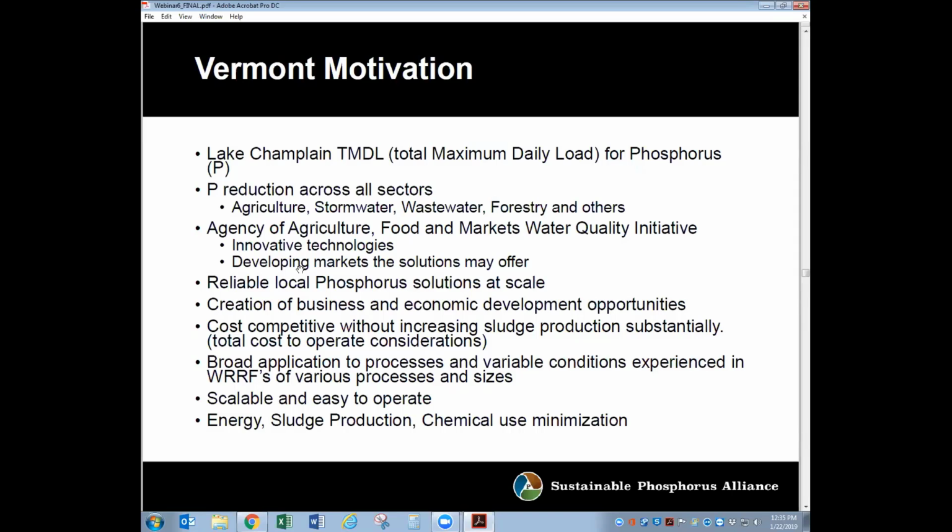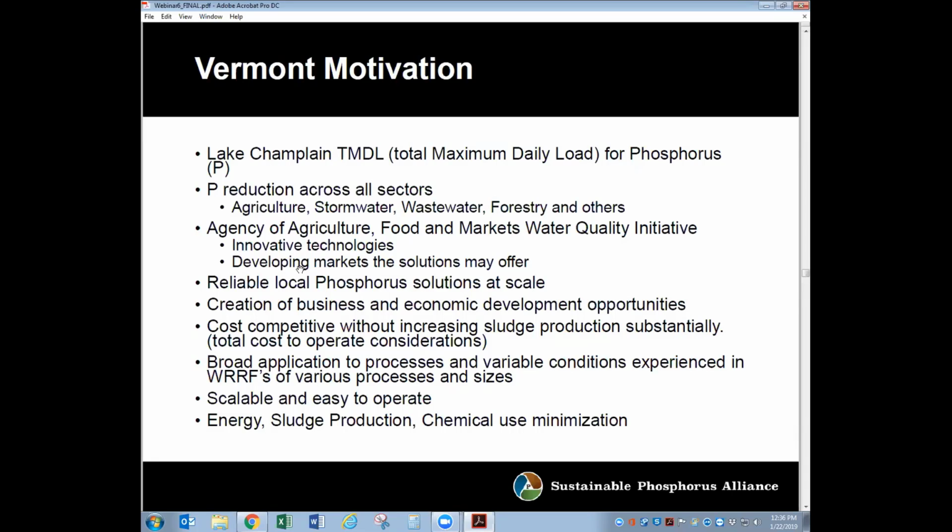So again, we've got the TMDL as an overarching incentive for us to do this work, P reduction across all sectors. We had this concept brainstormed about a year ago, and then we caught wind of the reverse pitch that was being done by VPIC. So we submitted under that program, and fortunately we were successful.